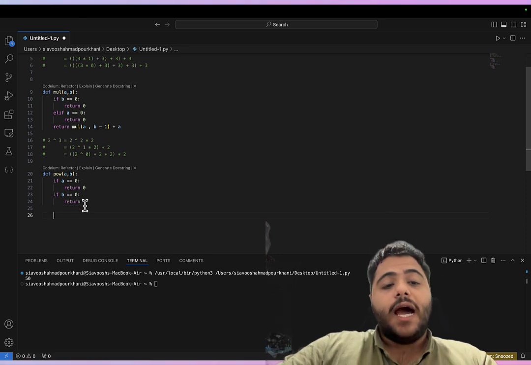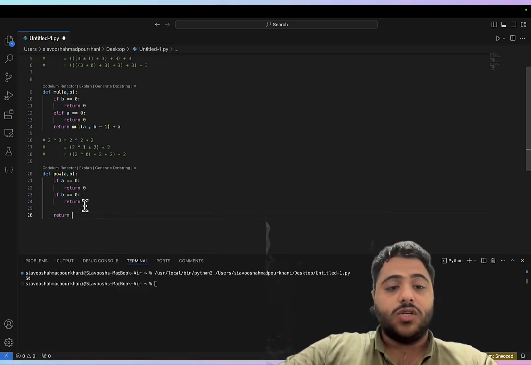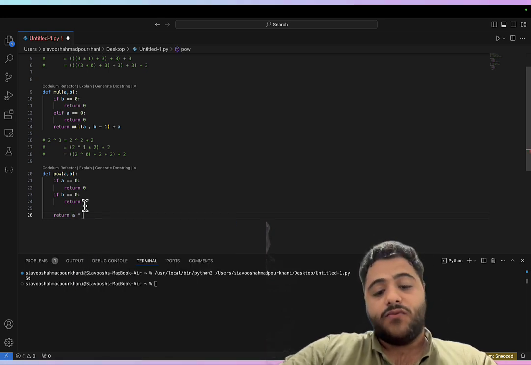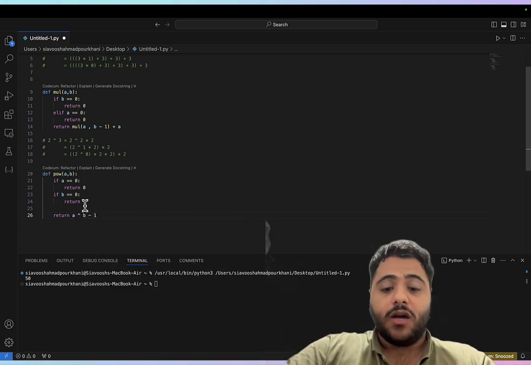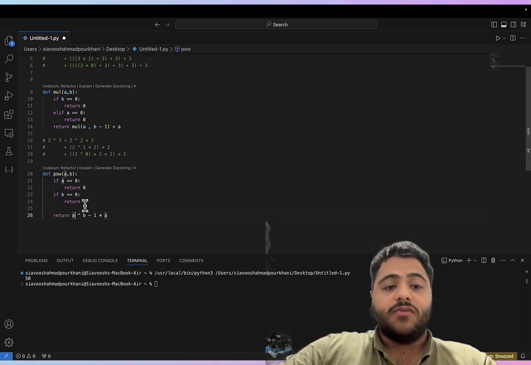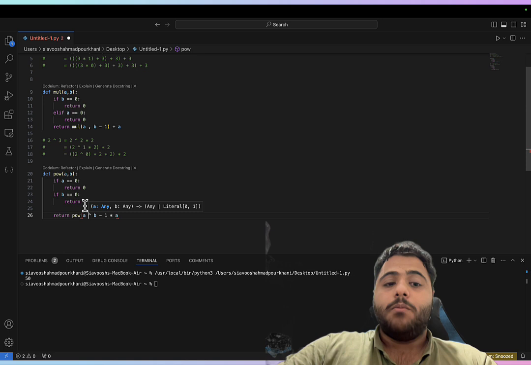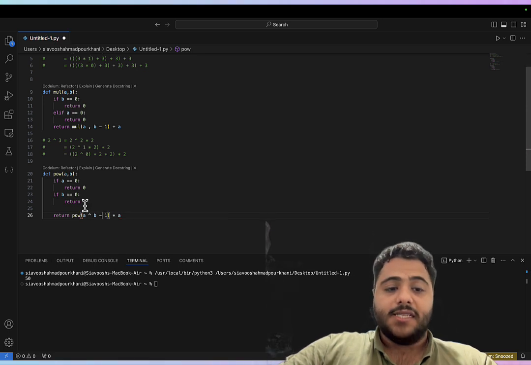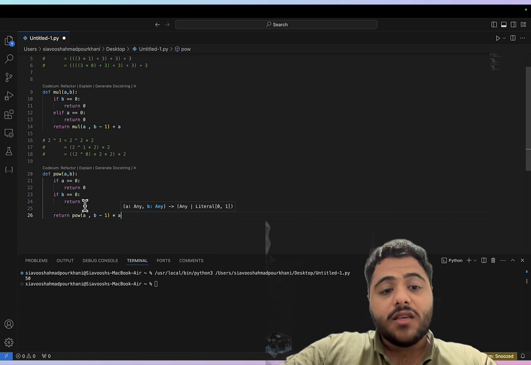And in any other situation, you could just write a to the power of b minus 1 times a itself, but a to the power of anything could be written by power of a and anything that we want, which in this case is b minus 1.